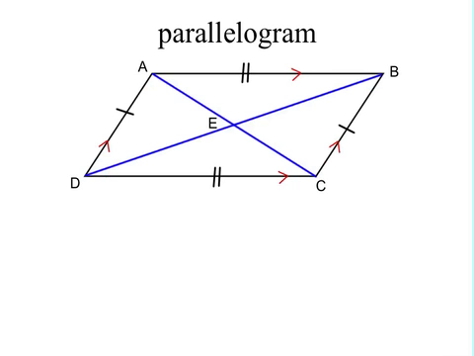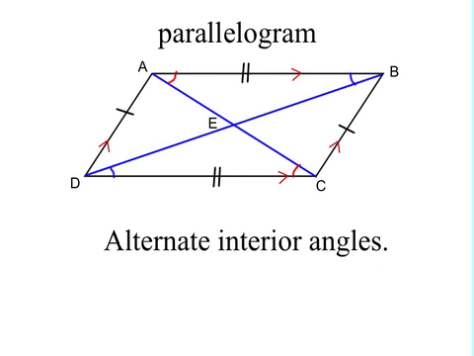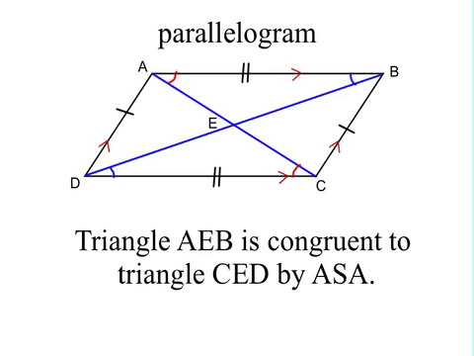Now we have both diagonals marked at the same time with their intersection point labeled point E. And then we marked some alternate interior angles, and both of these pairs, the red pair and the blue pair, are relative to the top and the bottom. And from those pairs of alternate interior angles, we have a couple more congruent triangles by angle side angle. Triangle AEB, which is at the top of the parallelogram, and triangle CED, which is at the bottom of the parallelogram.